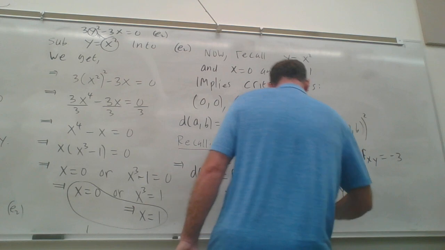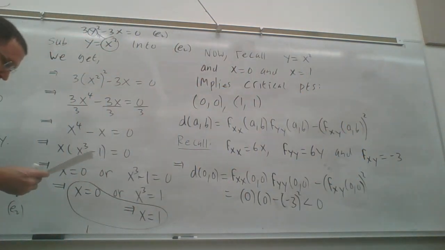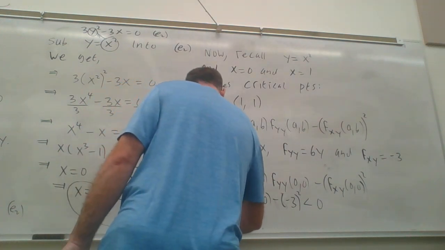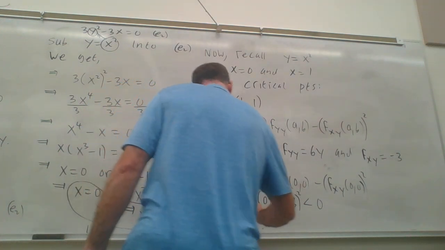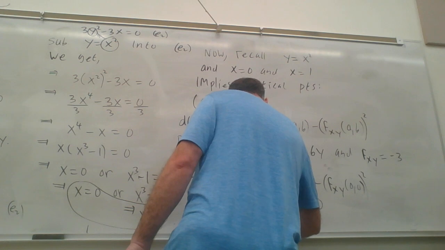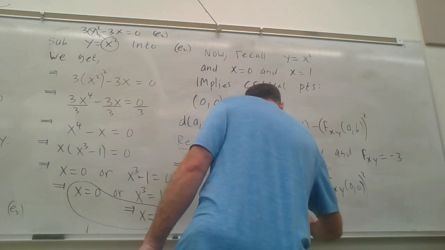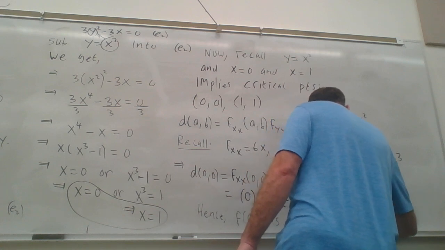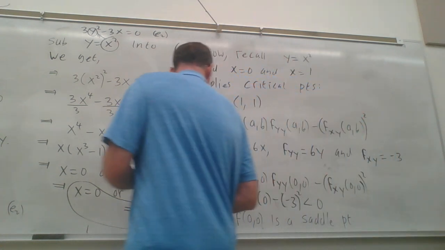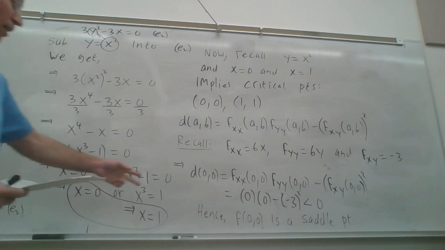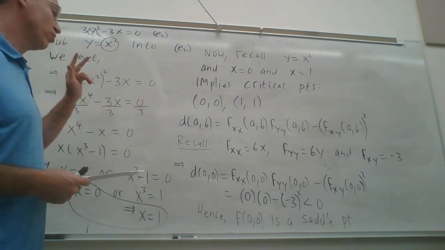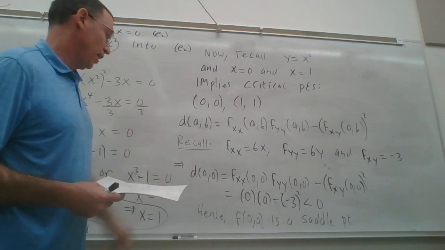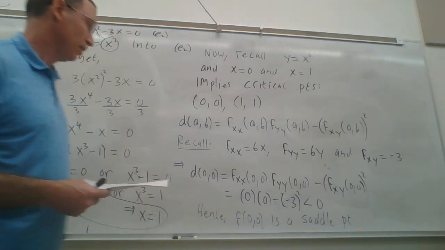This is less than 0. So hence, f of 0, 0 is a saddle point. Again, because whenever D is negative, looking at the second derivative theorem, it would mean that we have a saddle point.